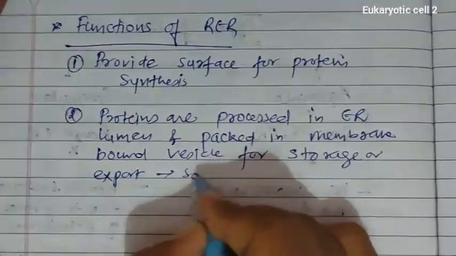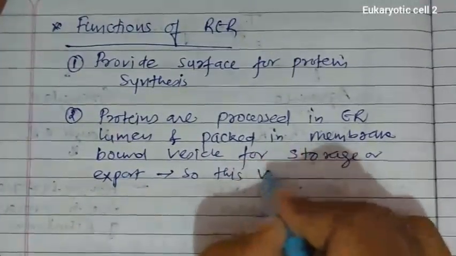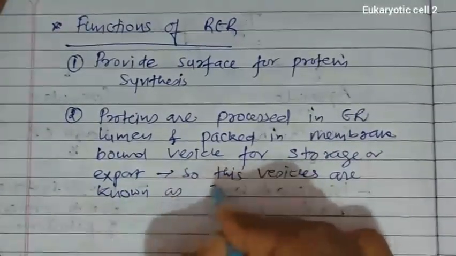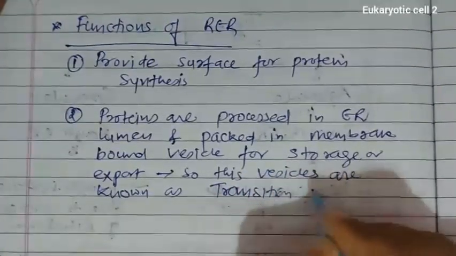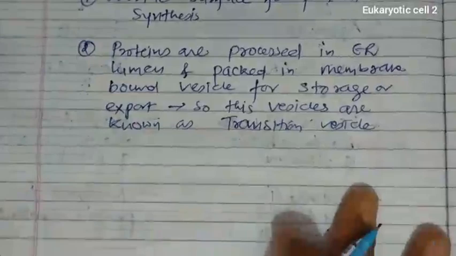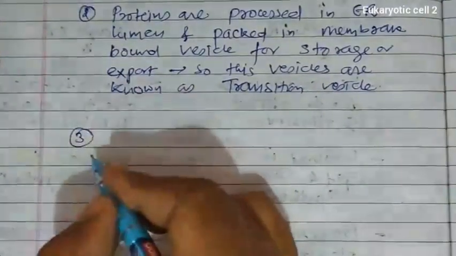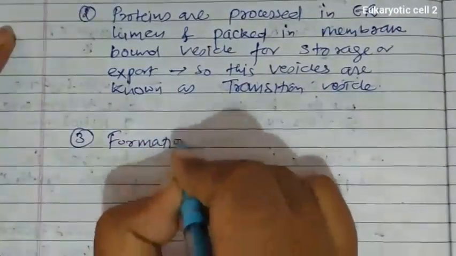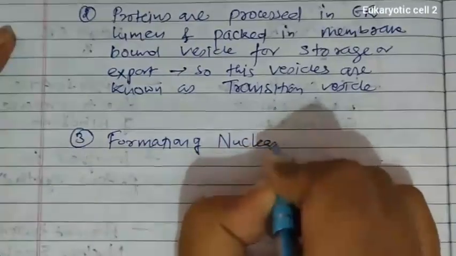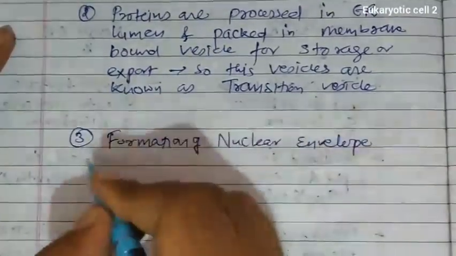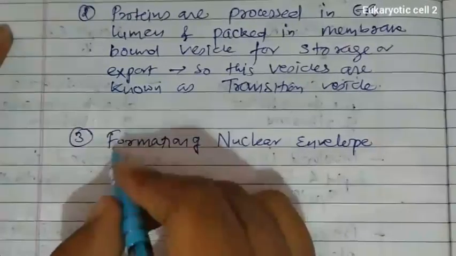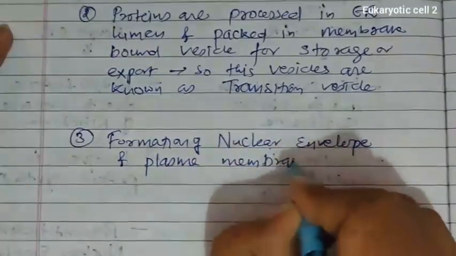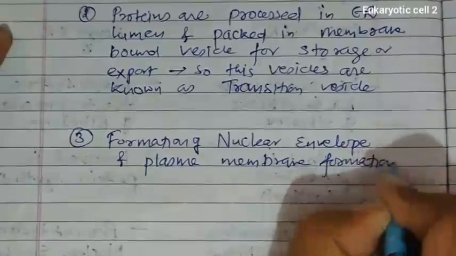Okay, so these vesicles are known as transition vesicle. Then third, formation of nuclear envelope and plasma membrane formation.